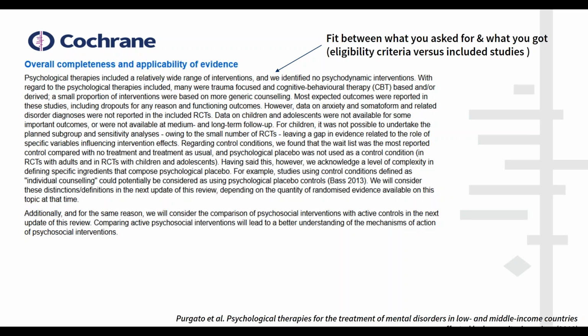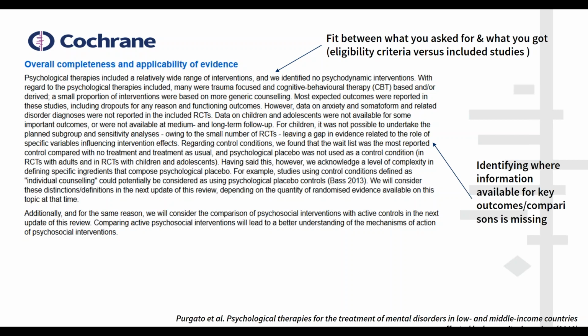It's a really nice way of working on to the next key aspect of applicability, which is identifying where information for key outcomes and comparisons was actually missing. So it wasn't straightforward: we had X number of studies, they reported on Y number of outcomes. Actually, it was differential. And that's, as I was saying earlier, a complication of having quite a mixed evidence base, and mixed approaches to reporting results or measuring outcomes.